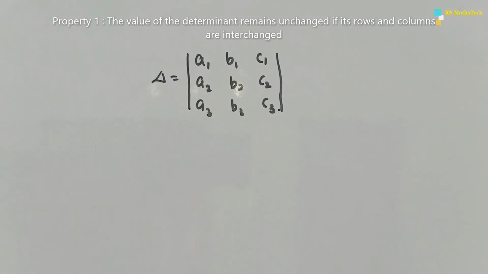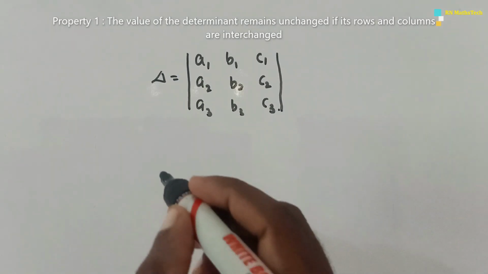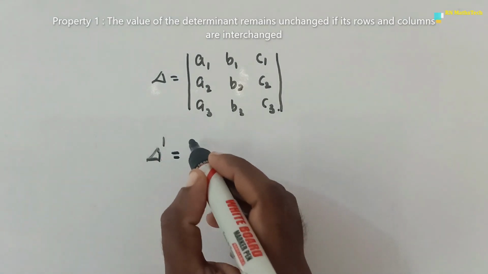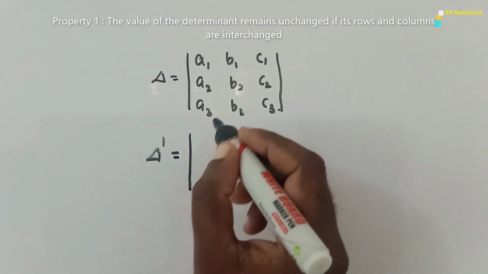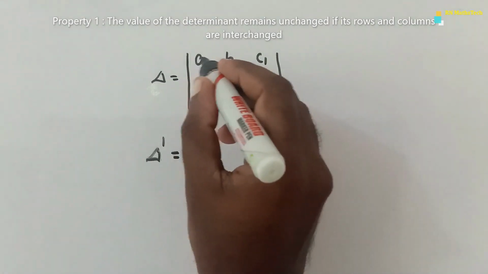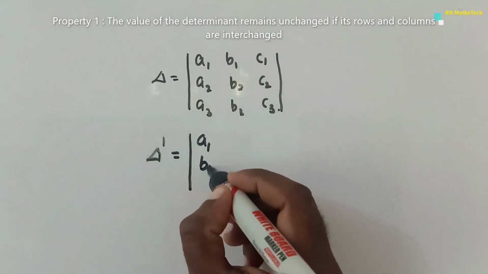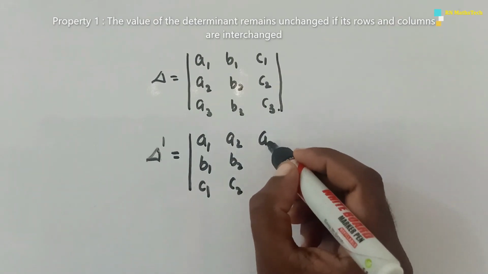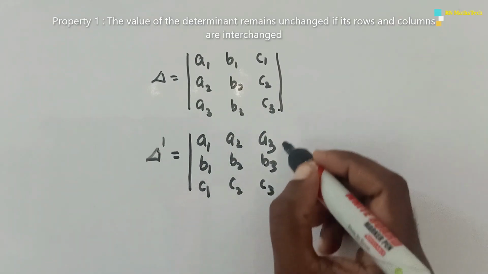Delta is equal to determinant a1, b1, c1, a2, b2, c2, a3, b3, c3. And delta dash is obtained by interchanging the rows and columns. That is, first row becomes first column, a1, b1, c1, a2, b2, c2, and a3, b3, c3.